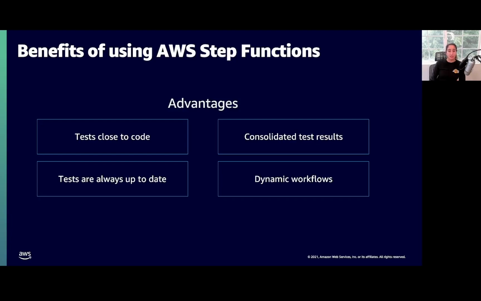You can have conditional flows, like if a test fails, I want to run these other tests, or maybe I want to run the same state machine against a development environment and my integration test environment, and maybe even against production, and only run a subset of my tests against each environment so that it can speed up my build time. You can also configure error handling and retries as a part of Step Functions.